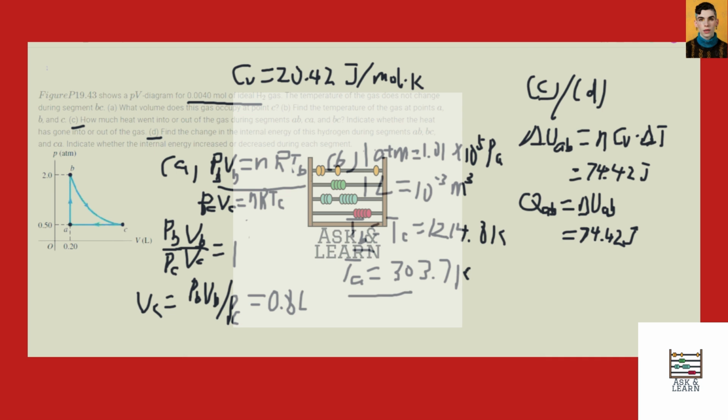In process BC, because the temperature does not change, delta U is 0, so the internal energy does not change.